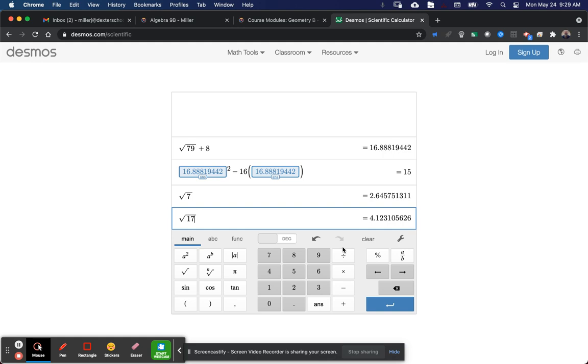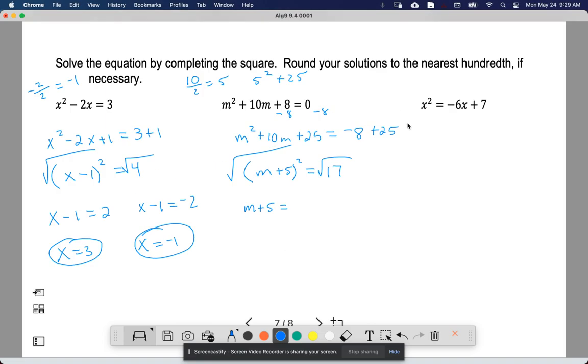4.1. We are going to go to the hundredth on this one, so 4.12. And then our second equation, m plus 5 equals minus 4.12. So we're going to get an m that is approximately, so I'm going to subtract 5 from that.